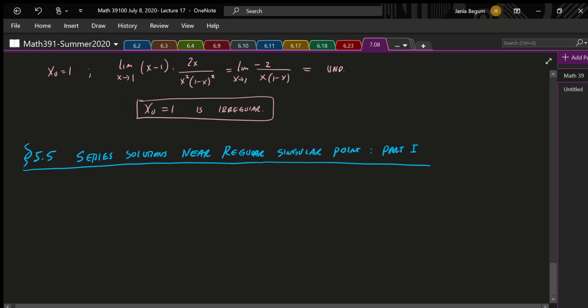What are we after? We want to solve second order linear differential equations in the neighborhood of a regular singular point. Only regular, so the limits are going to be finite.